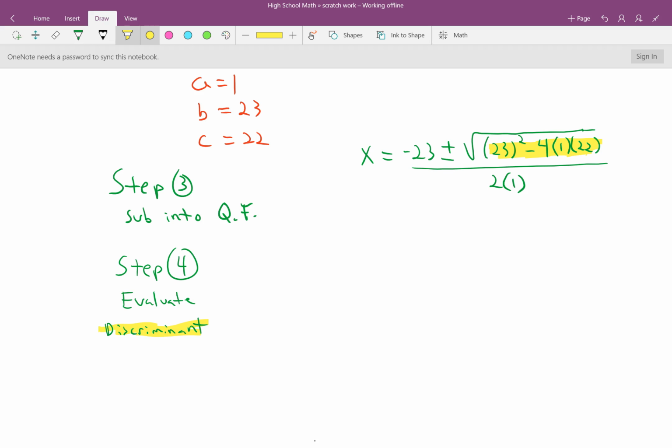So x equals negative 23 plus and minus the square root of, everybody using your calculator, find what that number is going to be there. Not the square root of it, just the underneath part.